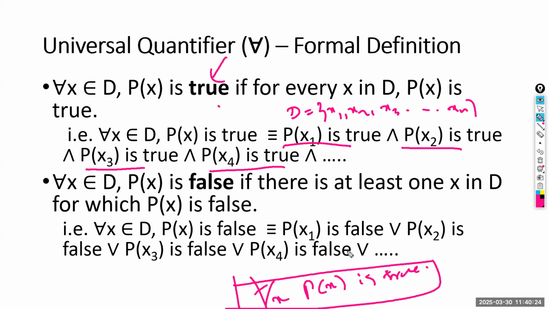So for all x means that when we have x1 to xn possible values, if the statement is true for each and every value, we can say that it is true for all x. Simple as that.